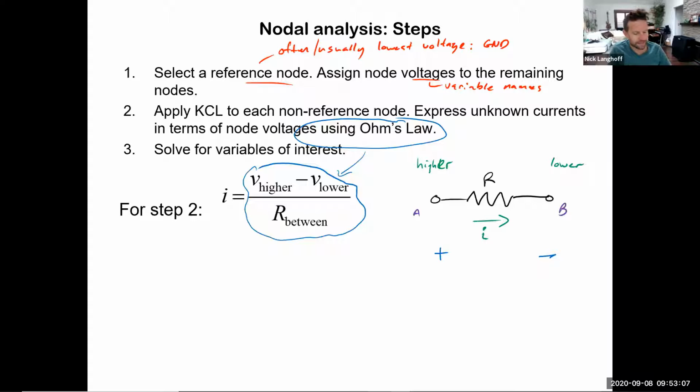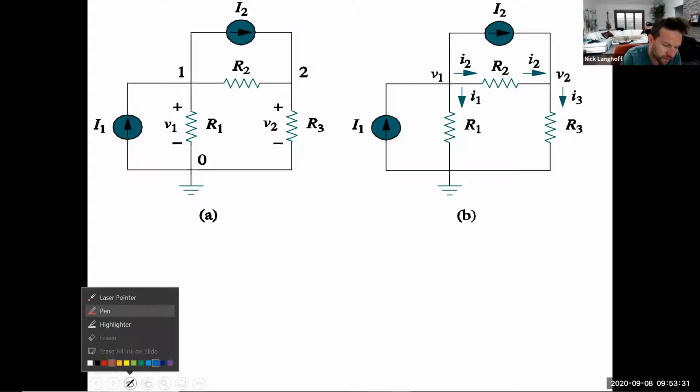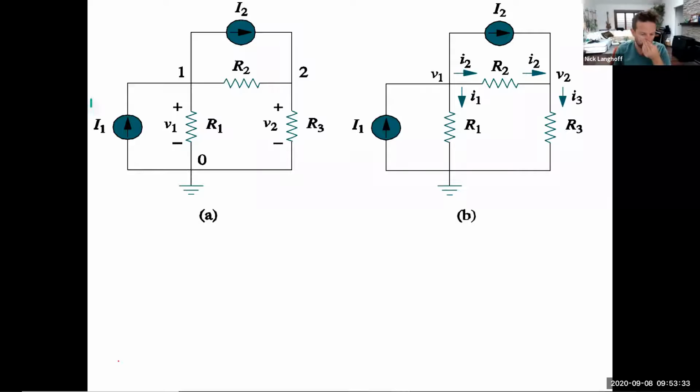So let's see how we apply this to a circuit. Okay, so we've got the circuit on the left, and the circuit on the right in figure B is just repeated, but it's showing some of the currents. So we're going to actually draw these currents here. We've got a circuit with a couple of current sources in it, I1 and I2, DC current sources with capital I's.